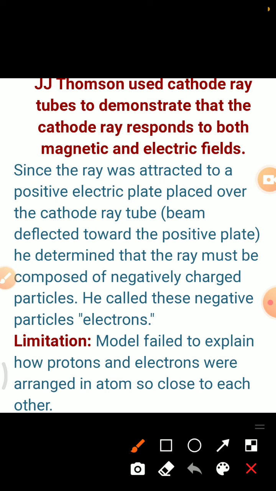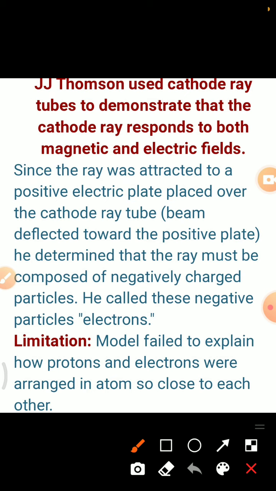Since the rays were attracted to the positive electric plate placed over the cathode ray tube, the beam deflected towards the positive plate. He determined that the ray must be composed of negatively charged particles. He called this negative particle an electron.